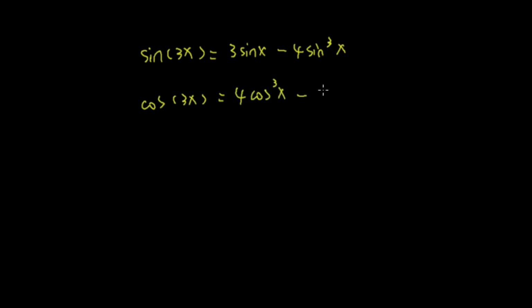Sin 3x is equal to 3 sin x minus 4 sin cube x. Cosine 3x is equal to 4 cosine cube x minus 3 cosine of x.